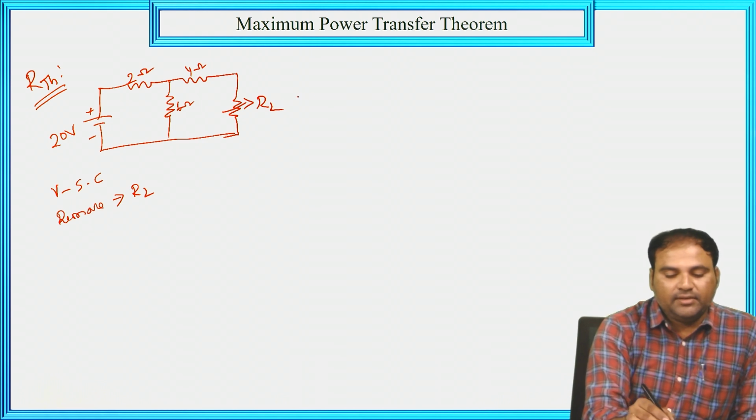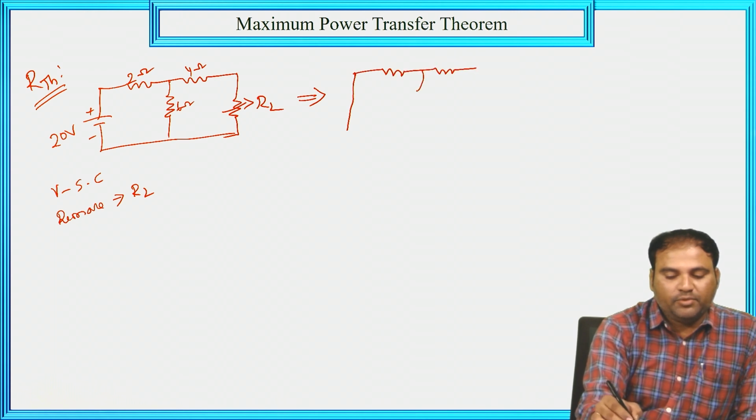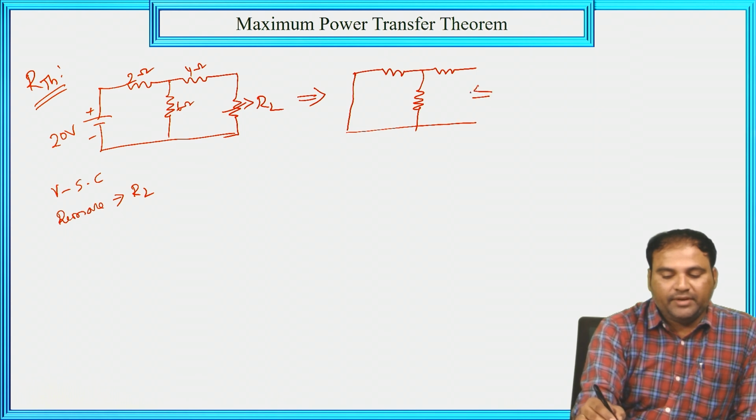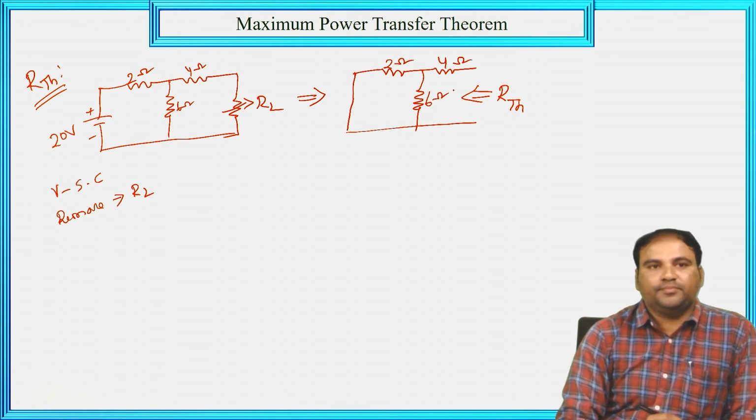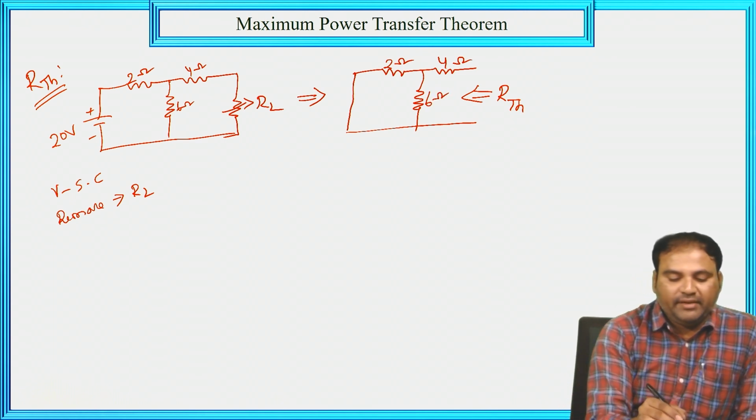So the simplified circuit is: short circuit the voltage source, and remove the load. Now we need to calculate RTH. The elements are 2 ohm, 4 ohm, and 6 ohm. Right. Now simplify the equation.